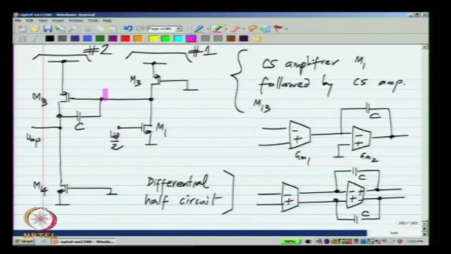Now, I will not work out this thing, but you already know we have analyzed extensively the frequency response of a common source amplifier M13 with a capacitor C between its drain and gate. Okay.